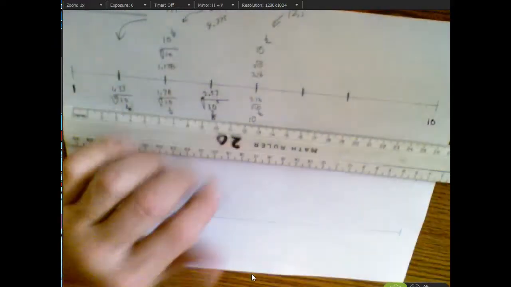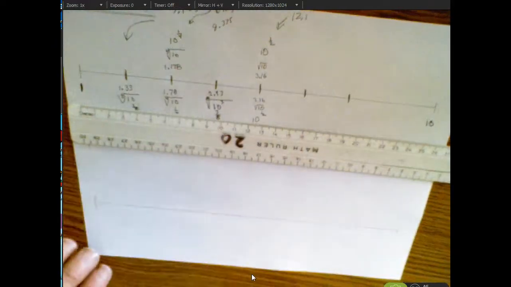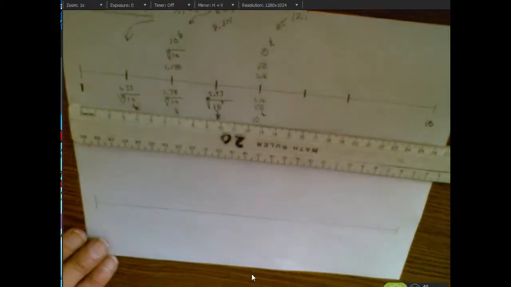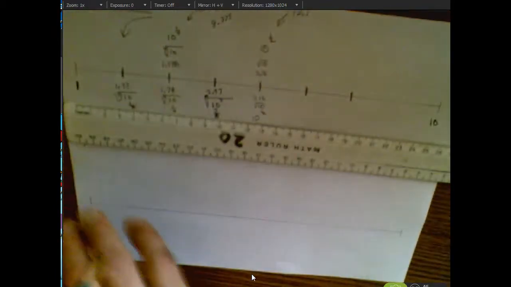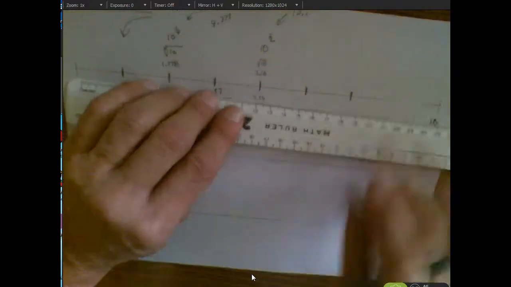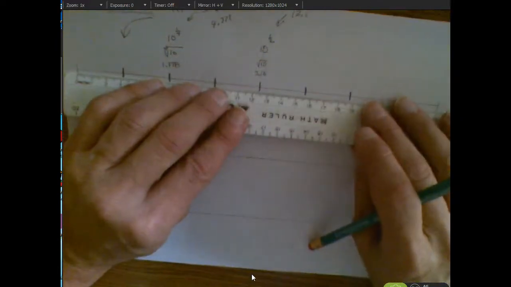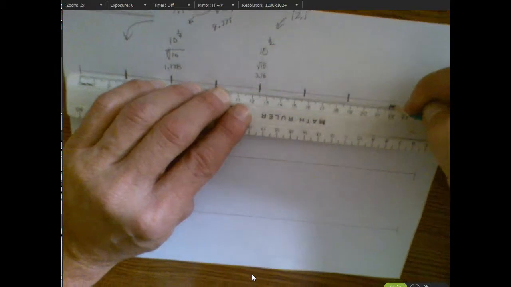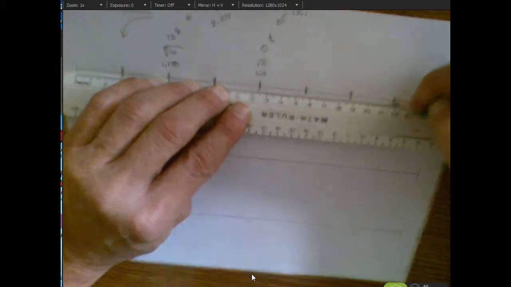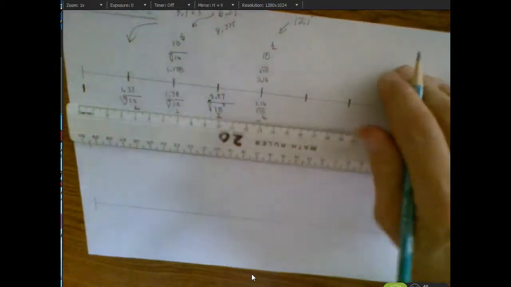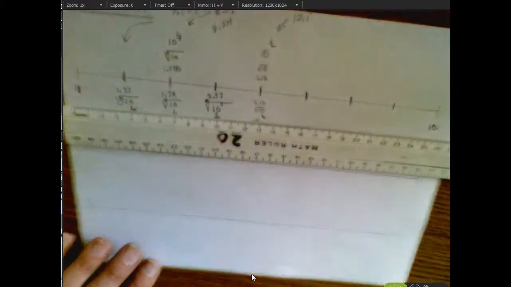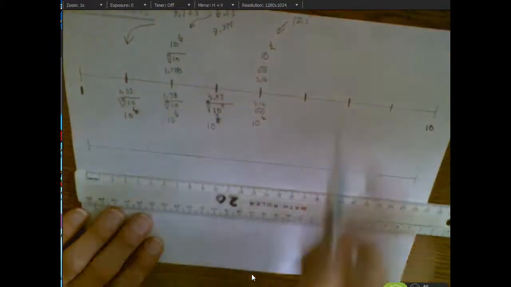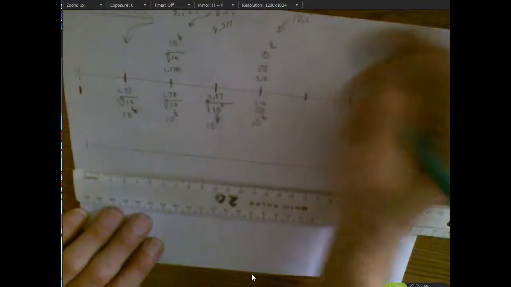And the last one is 87.5% of 25. So I'll put 0.875 in my calculator times 25. And I get 21.875. So I'm measuring 21.8. What's that? I tell you what, I'll mark. Okay, this one is, I forgot to mark it too.